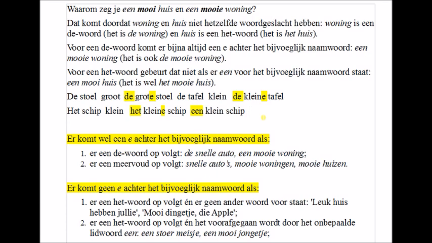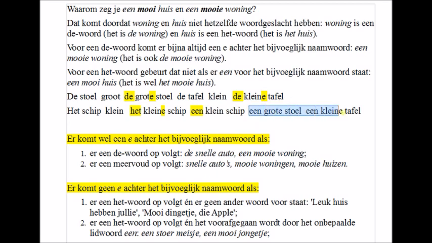I take the first two examples also. "Een grote stoel en een kleine tafel." So here we put e also. "Grote stoel".